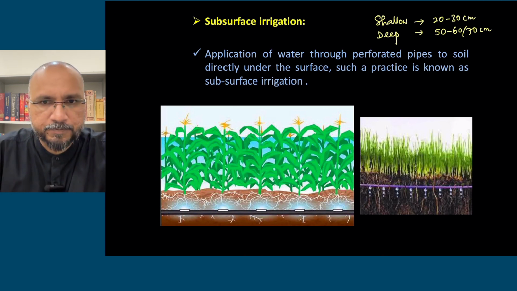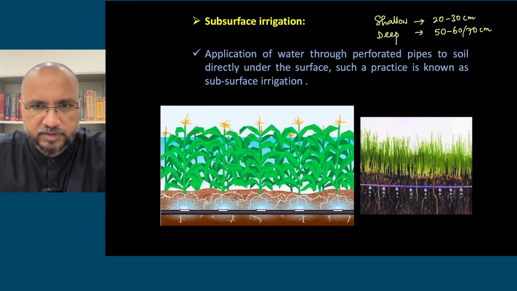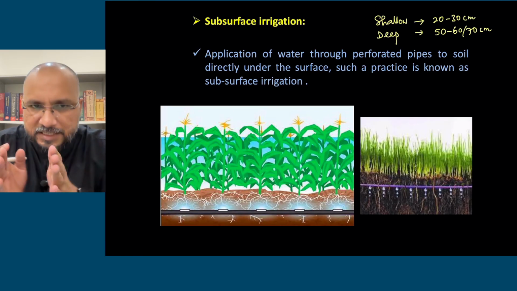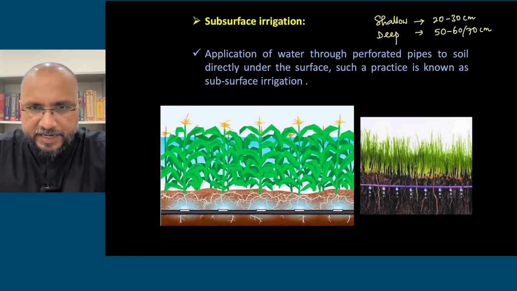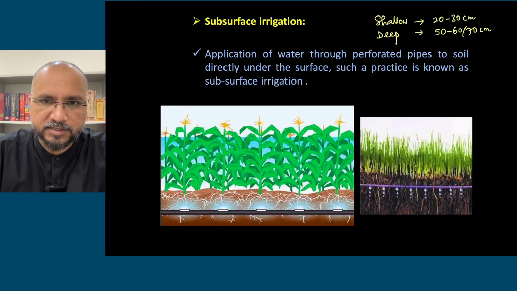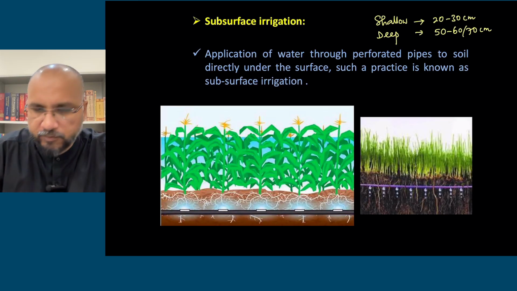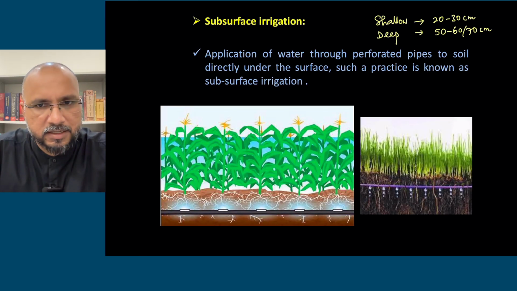When the soil is wet, the water will move in all directions and wet the entire area through capillary action. Through capillary pores the water will move and wet the root zone.